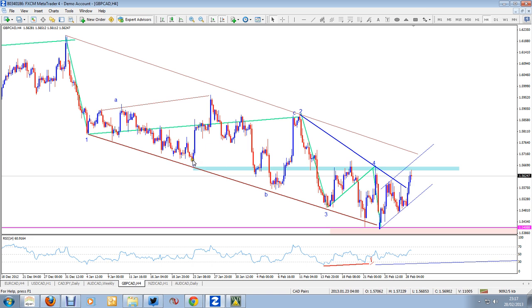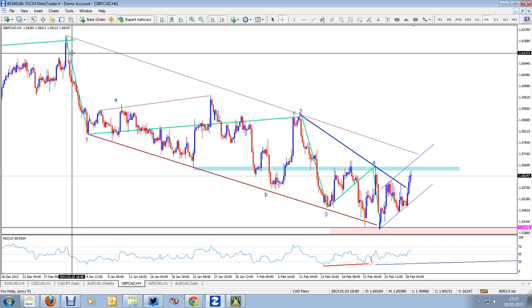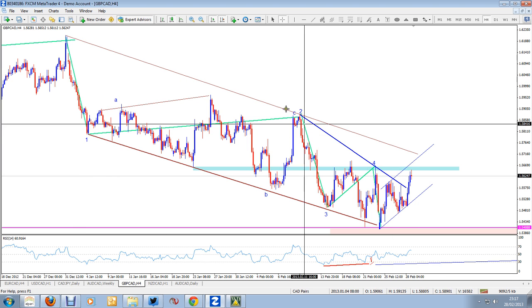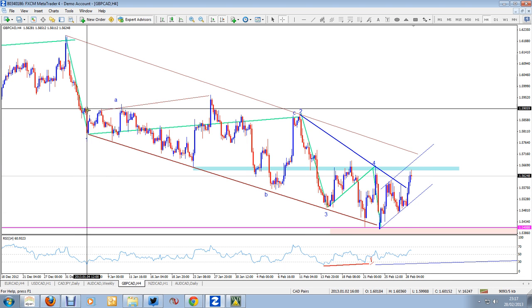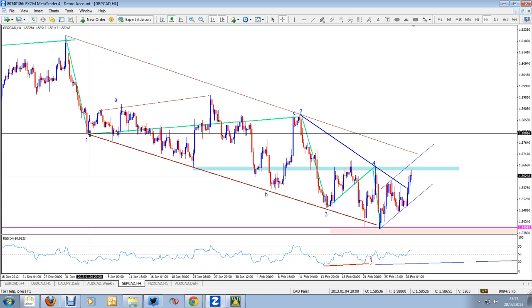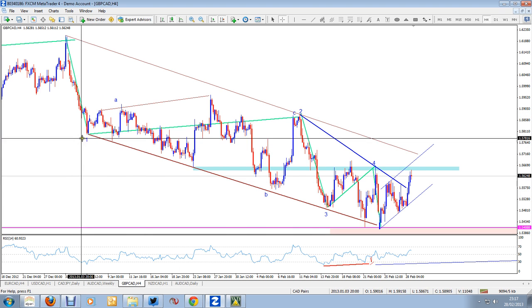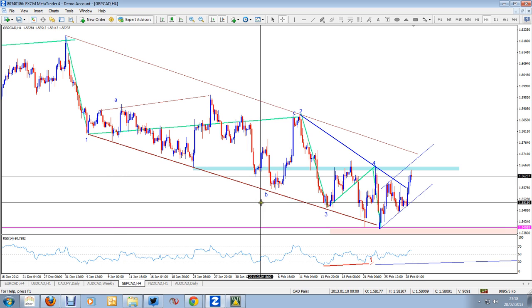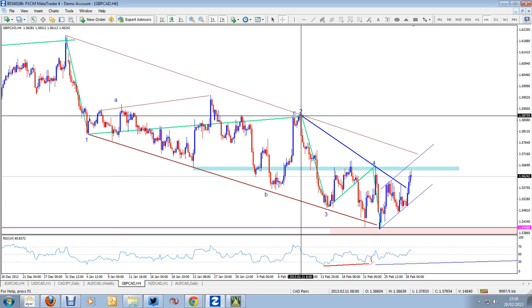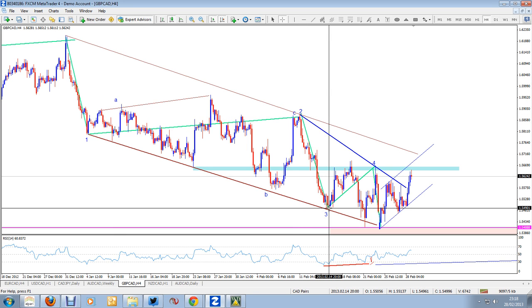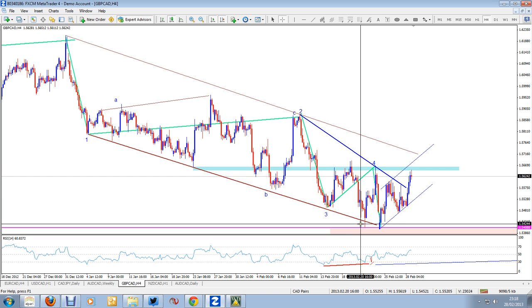So I think what we have is this. This is an ending diagonal. So we had wave 1, then this absolutely strange looking wave 1, then you got wave A, B and C to give us wave 2, then you got wave 3, then again we got A, B and C to give us wave 4, and then this final one here.